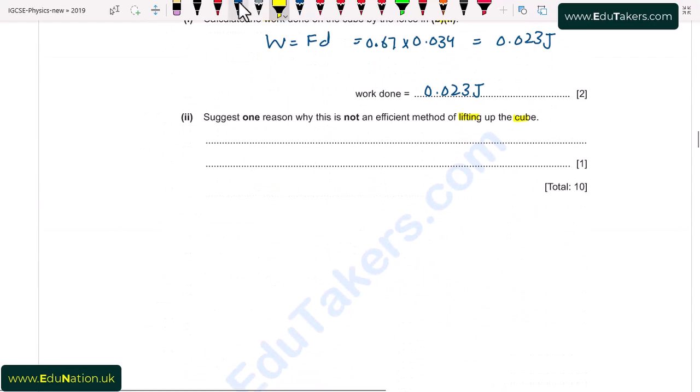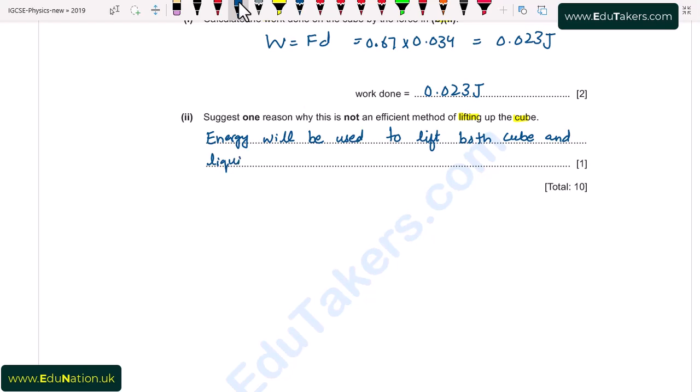Energy will be used to lift both cube and liquid. And the second reason is that some energy might be lost due to the friction between liquid and pipes. So I am also writing this one.